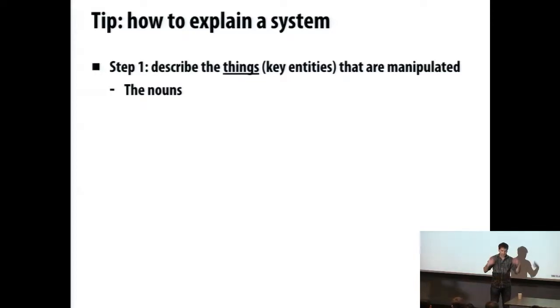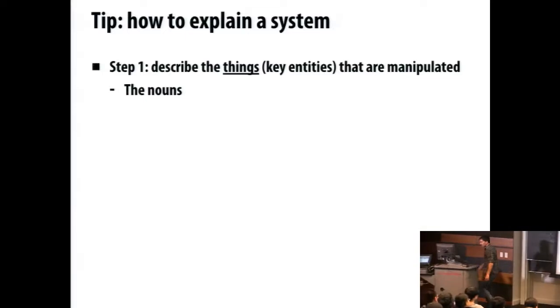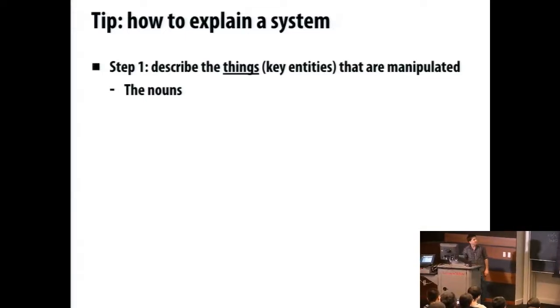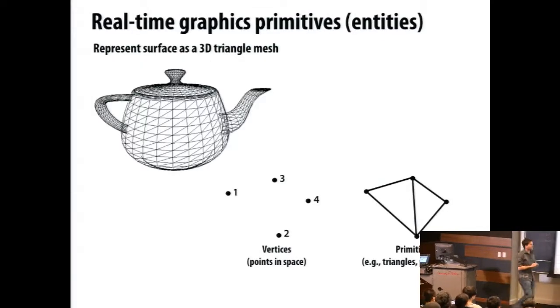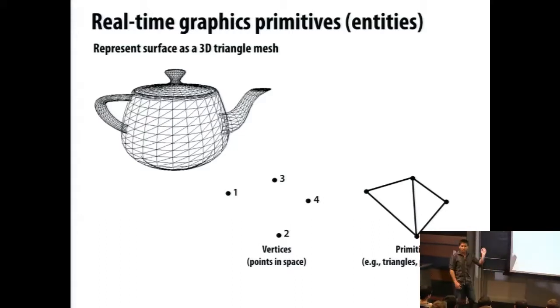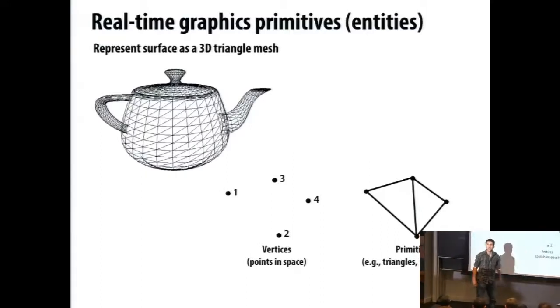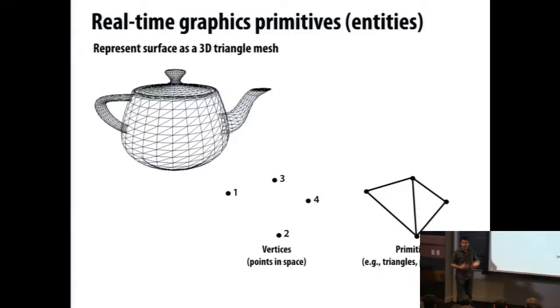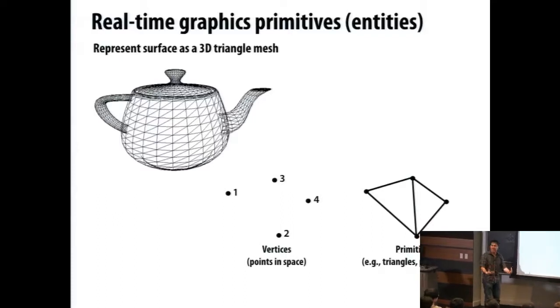And everybody can get in their head, well, I know what state is, I know what the value of a variable is, I know that there are things, there are nouns in the world, and I know that there are also verbs. So in the case of graphics, conveniently, one of our most important things are vertices, points in space that I can connect up to form primitives like points and lines and triangles. And so that's one of the most important entities in the system. Some vertices or some primitives and some triangles.